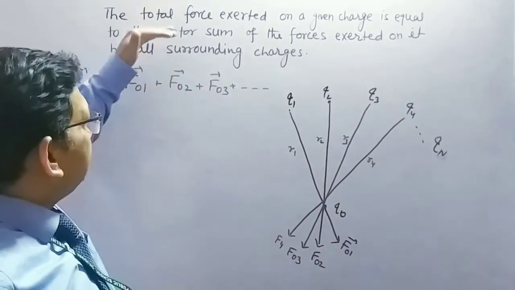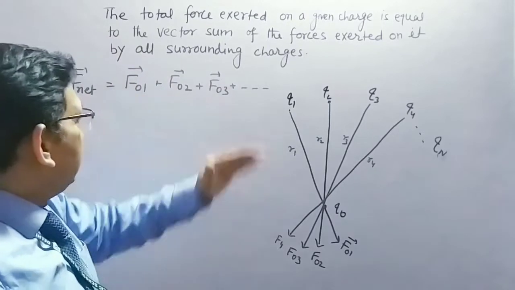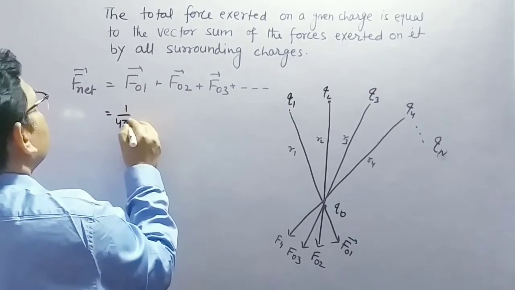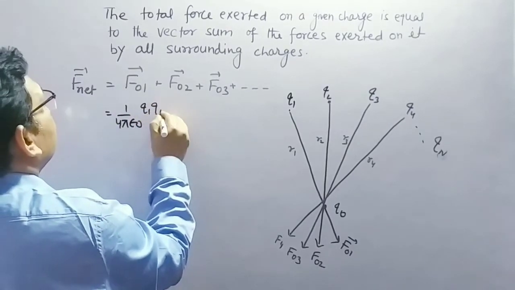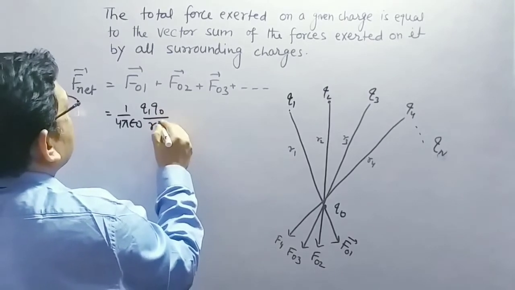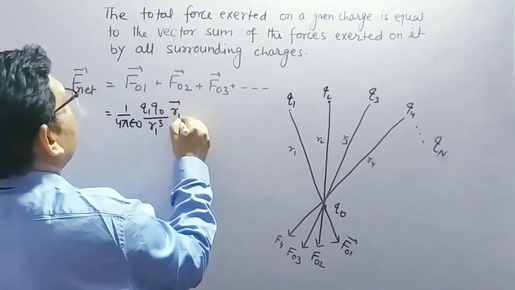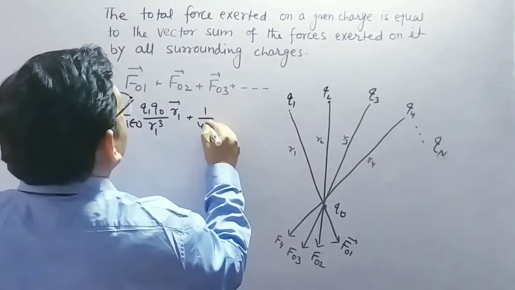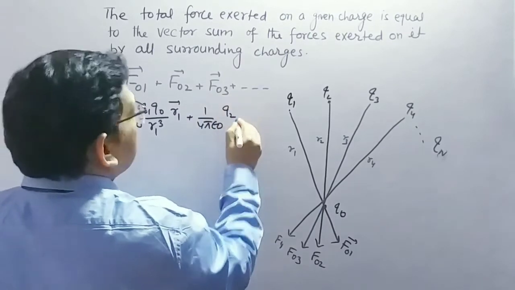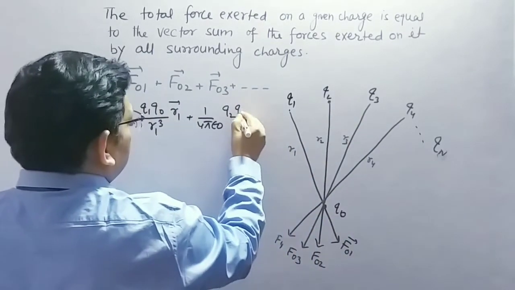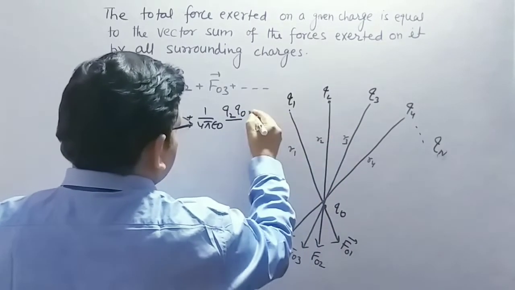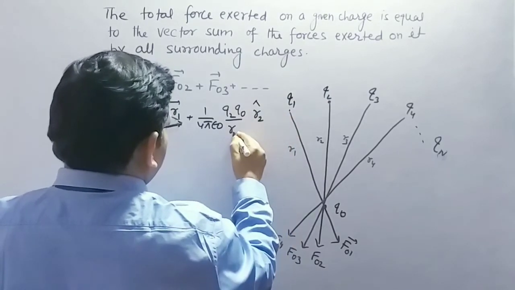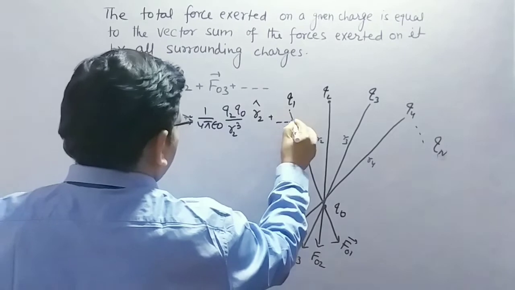So according to the statement, we are calculating the vector sum of the forces. Now this can be written as 1 by 4 pi epsilon Q1 Q0 by R1 cube, R1 vector. We are writing in vector form. Similarly, we can write 1 by 4 pi epsilon, now the charge is Q2 and Q0, the direction is along vector R2, R2 cube, and so on.